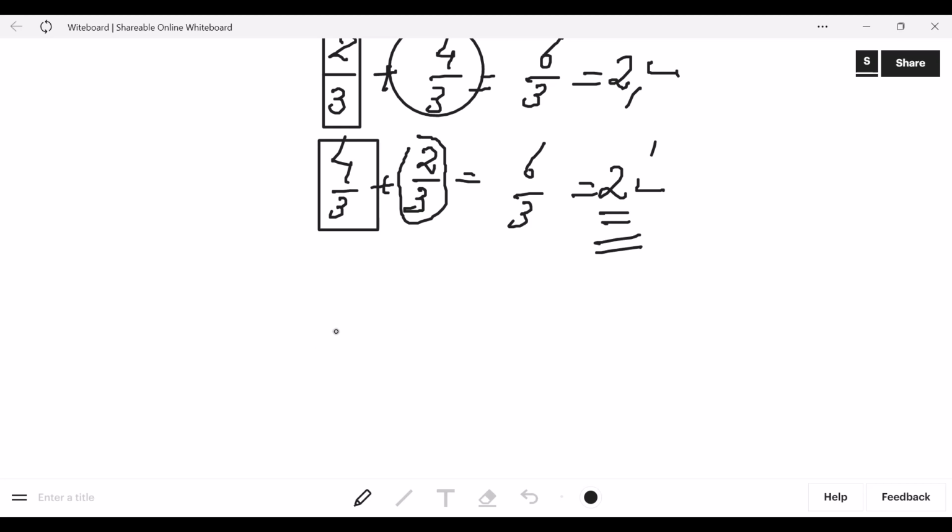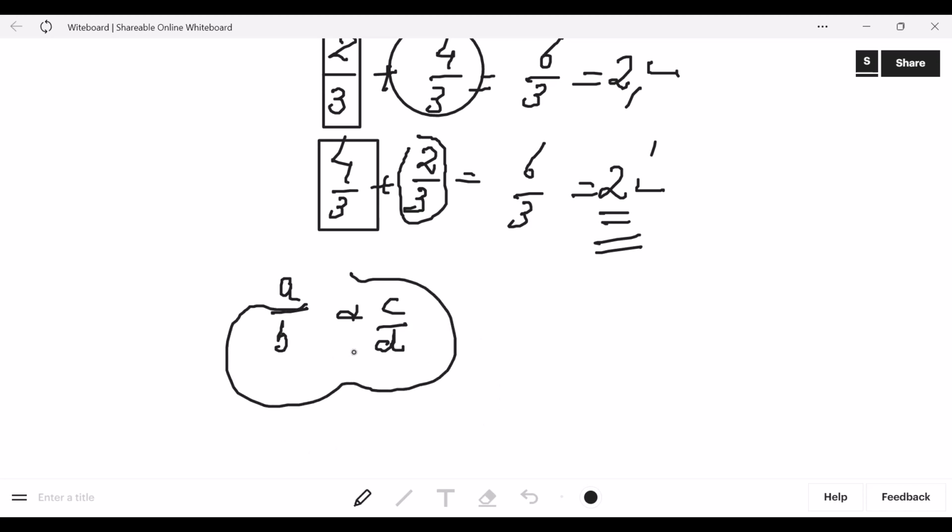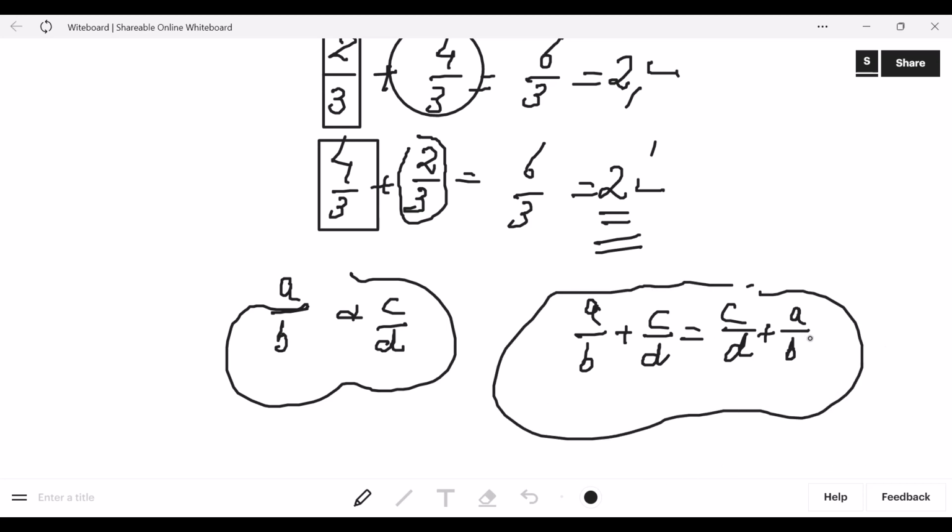So in general, I can say if A upon B and C upon D are two rational numbers, then A upon B plus C upon D equal to C upon D plus A upon B. Right? Thank you.